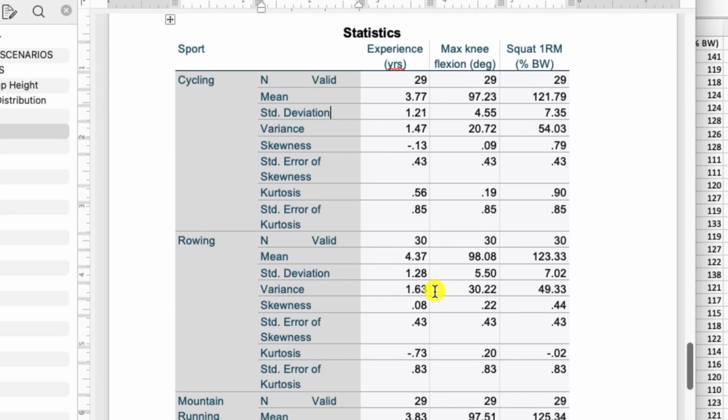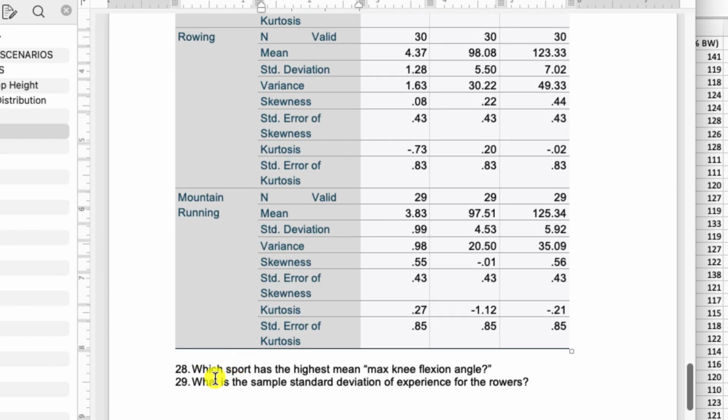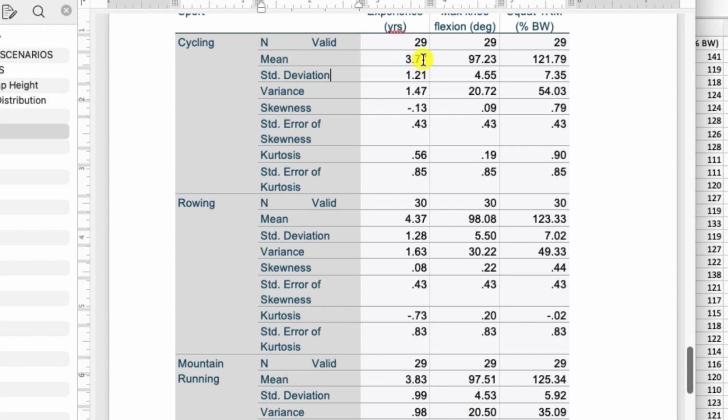Next, we have a table of descriptive statistics for our experience, max knee flexion, and squat 1RM variables for each of our sports. Our question 28 is asking which sport has the highest mean max knee flexion angle. So we could look at this table at the means.